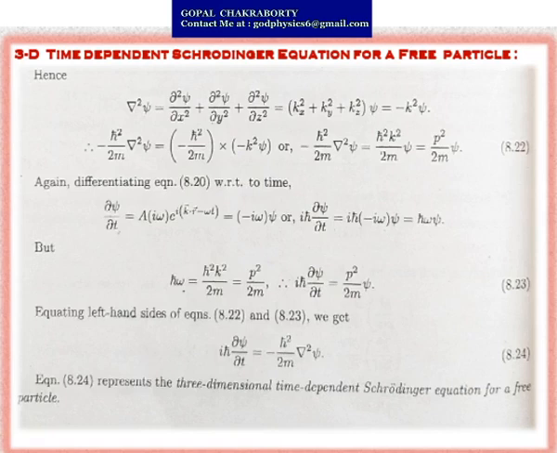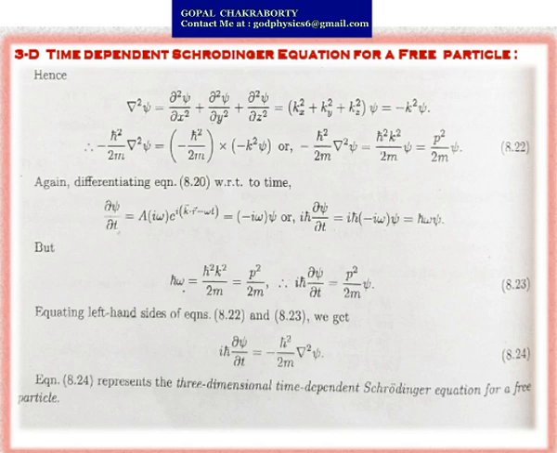So grad square psi, operating the Laplacian on psi, gives del 2 psi del x2 plus del 2 psi del y2 plus del 2 psi del z2. Ultimately you get minus (kx square plus ky square plus kz square) into psi, that means minus k square psi.